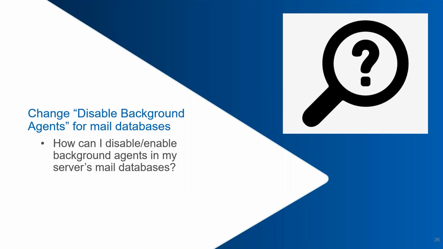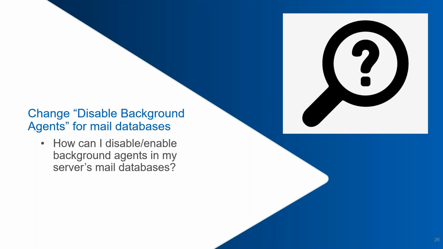All right, so here's another one that I have run into multiple times. Like I said previously, for out of office especially, historically it ran as an agent. So I had to allow databases, especially mail databases, to have the ability to run background agents. But once I have converted out of office from an agent to a service, which by the way is a best practice.